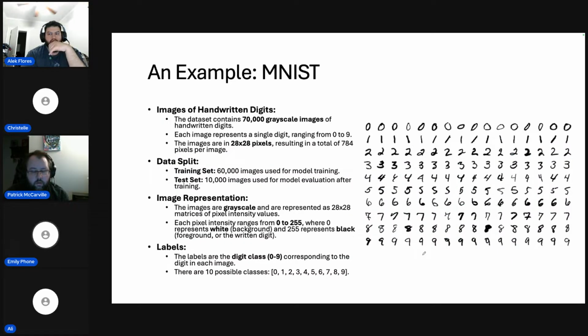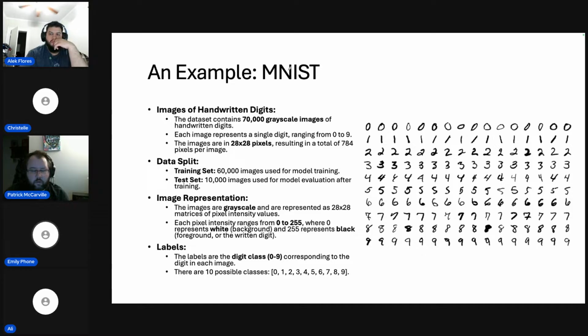What's an example of a problem that we can solve with a neural network that we couldn't solve with the other methodologies and algorithms we've talked about so far? The hello world of image problems, of image recognition, is this thing called the MNIST data set.